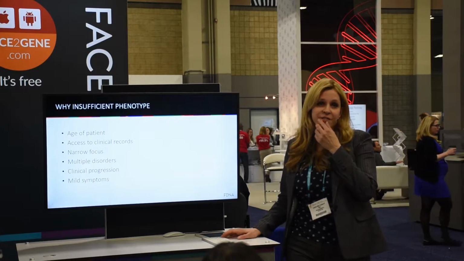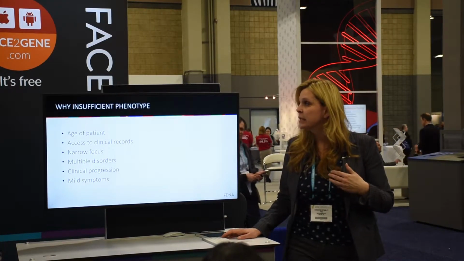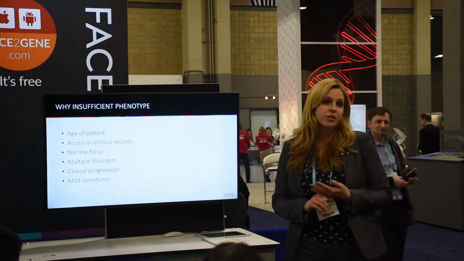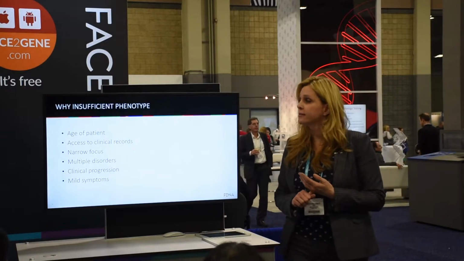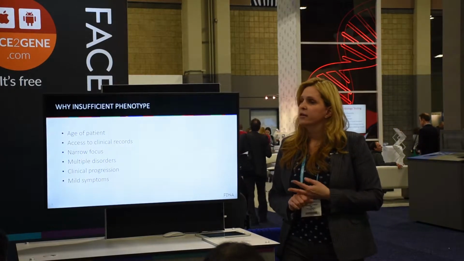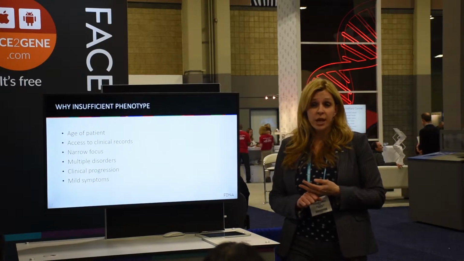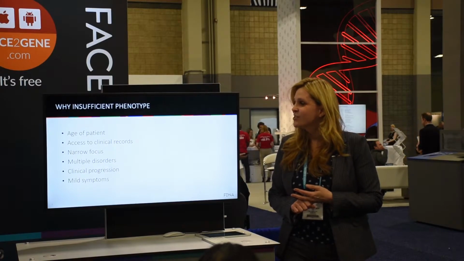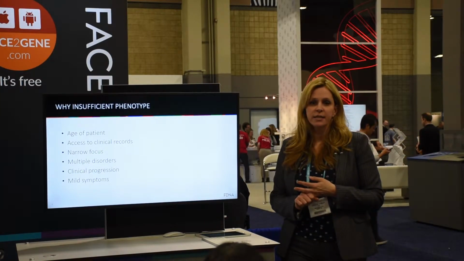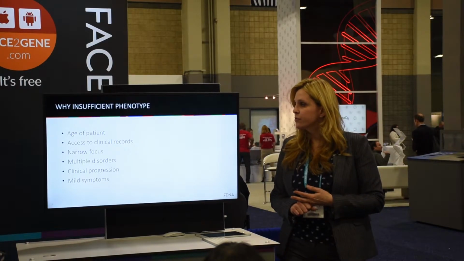We get insufficient phenotype when we receive tests in the laboratory, and sometimes that's due to the age of the patient. They may be too young to be presenting with clinical presentations of disease. There's oftentimes not access to much of the genetic clinical history or the patient's clinical history. So sometimes the clinical records are hard to get, and they need to order the testing prior to receiving all those records.